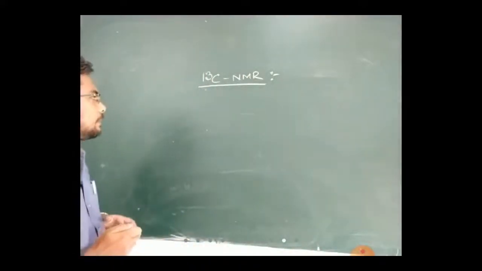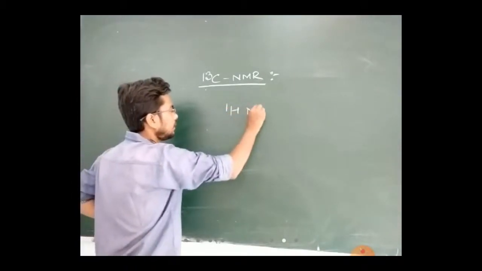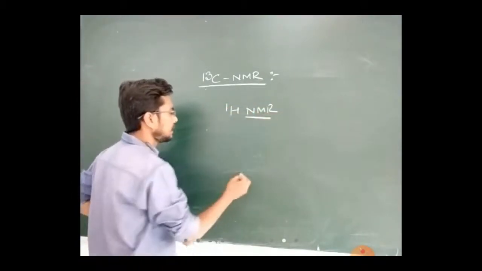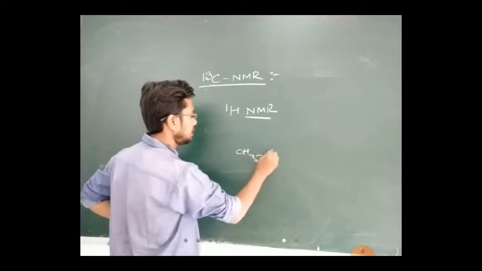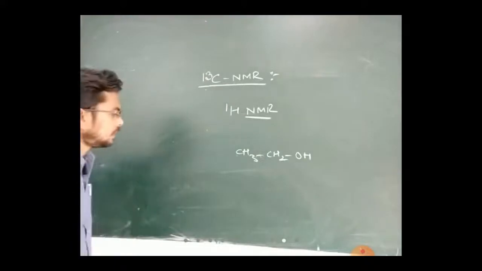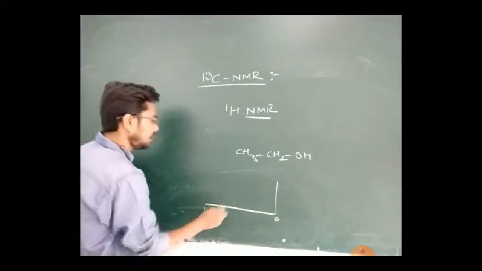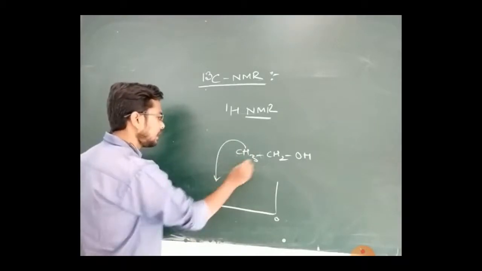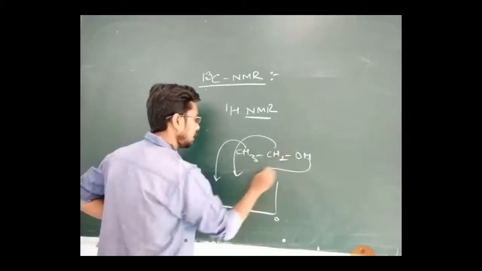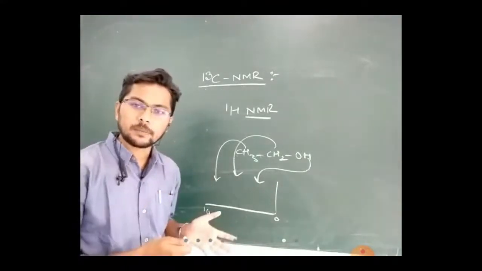Till now we were doing proton NMR, where you get signals for the hydrogens. Suppose you have CH3CH2OH, I always end up giving this example. In the spectra, from 0 to 10, you get the signals for these particular hydrogens. So this is your proton NMR.